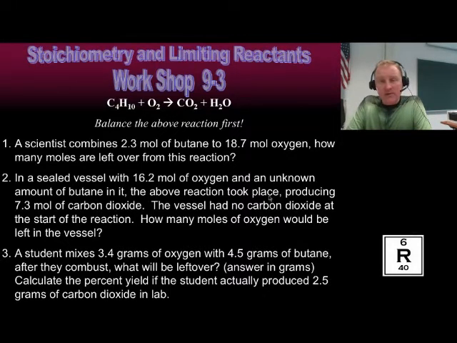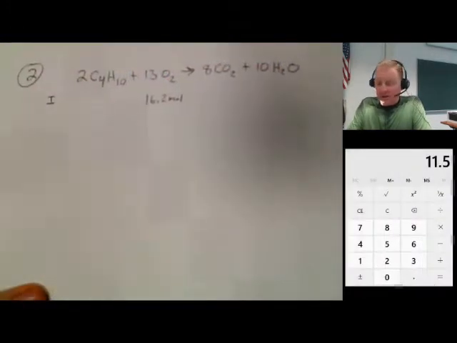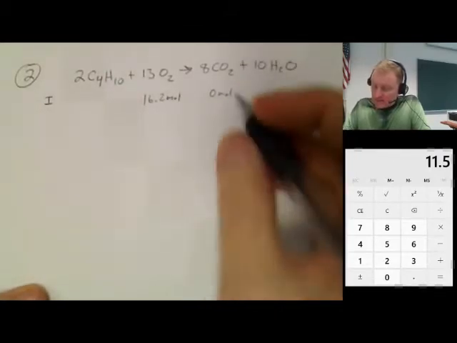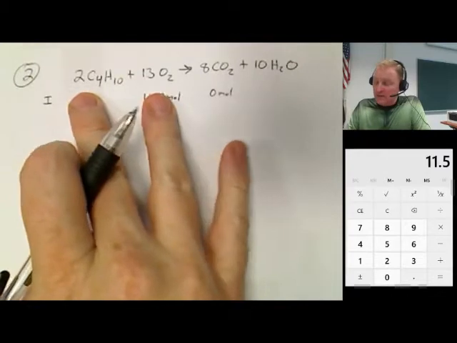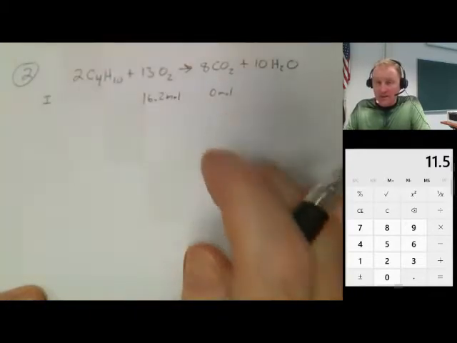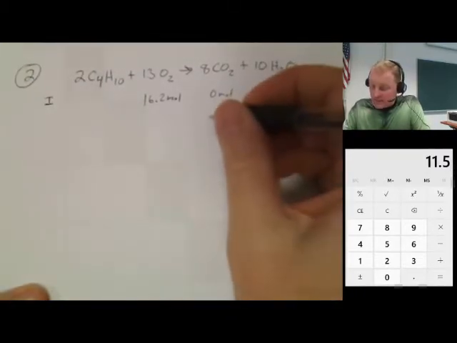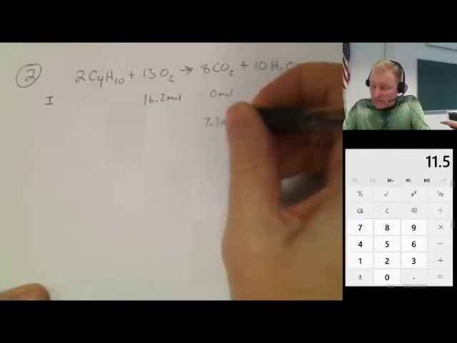The above reaction took place producing 7.3 moles of carbon dioxide. The vessel had no carbon dioxide at the start of the reaction. So that means there is 0 moles at the start. That means everything came from this reaction. Everything from our reactants produced this carbon dioxide. And it says that we have 7.3 moles of carbon dioxide when it's all final.